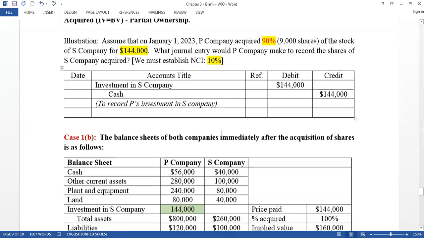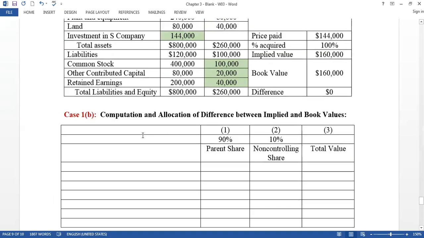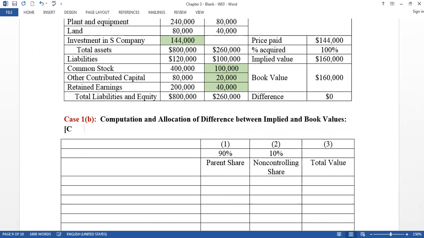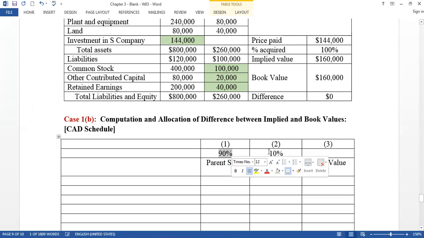So if you have non-controlling interest, then we have to calculate. In short, it is called the CAD schedule. That means we are going to compute and allocate differences between implied value and book value for the parent company and the non-controlling interest.